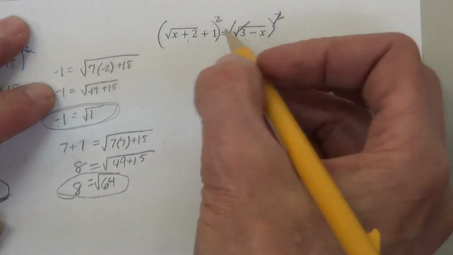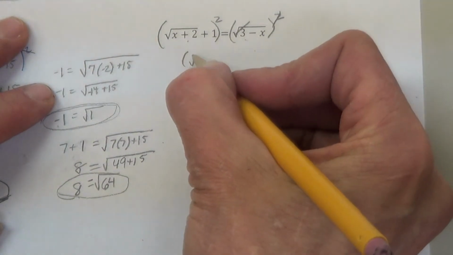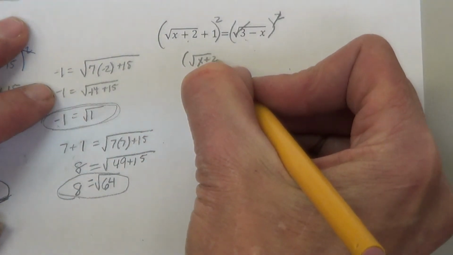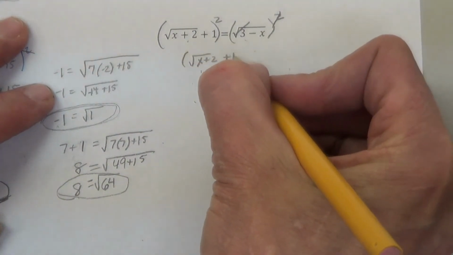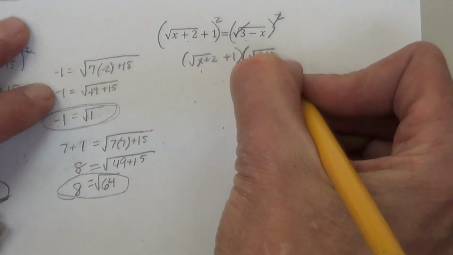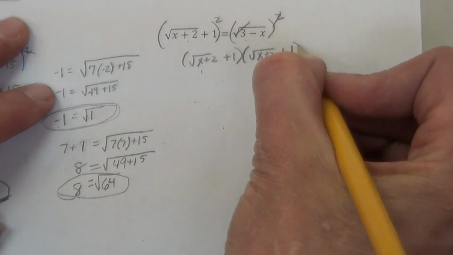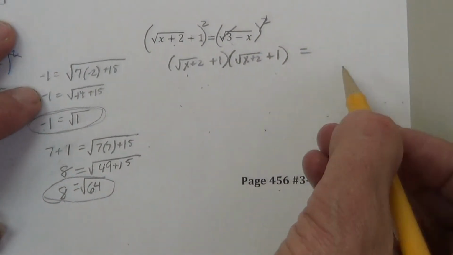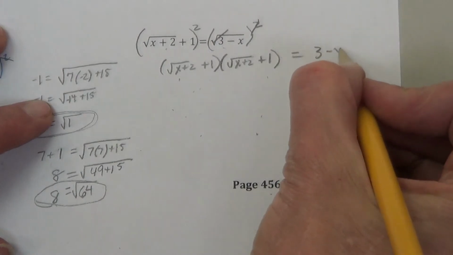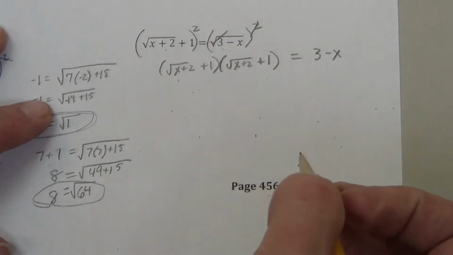This one, we have to treat actually like a binomial, since it truly is, x plus 2 plus 1 times square root of x plus 2 plus 1 equals, now we can write that other side without the square root, so it's 3 minus x. Okay?